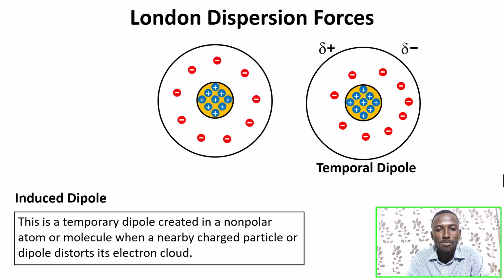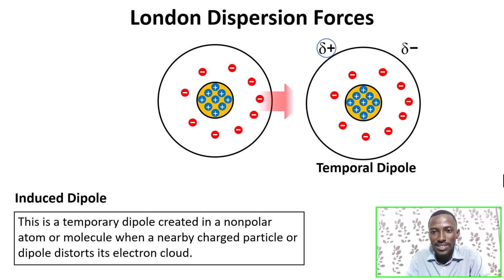Let's assume we bring a nonpolar atom close to the temporary dipole. It is nonpolar because the electrons are evenly distributed in this atom. But remember, the temporary dipole has a positively charged end and a negatively charged end. So this is what happens.